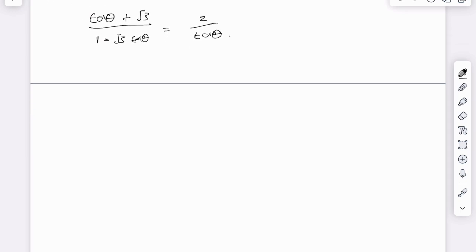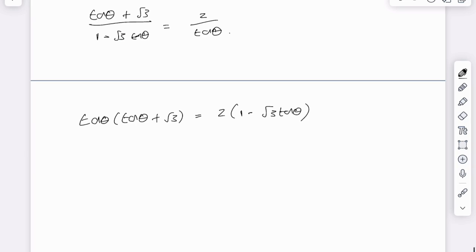Right, so now it's very simple, we just expand it out. So tan theta plus root 3 is equal to 2, 1 minus root 3 tan theta, right?